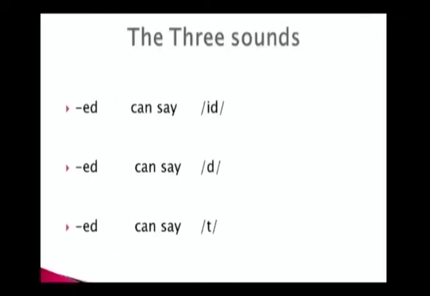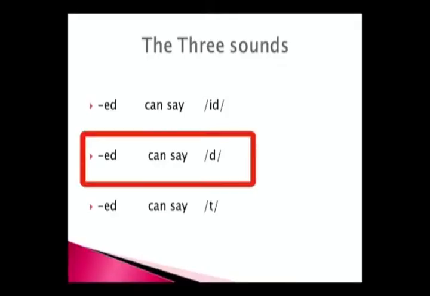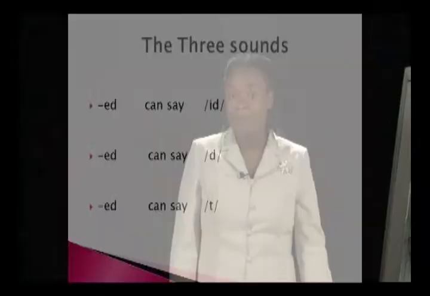Ed can say id. I says I and D says D. When put together, they say id. The second sound, ed, can say d. The letter D says d.